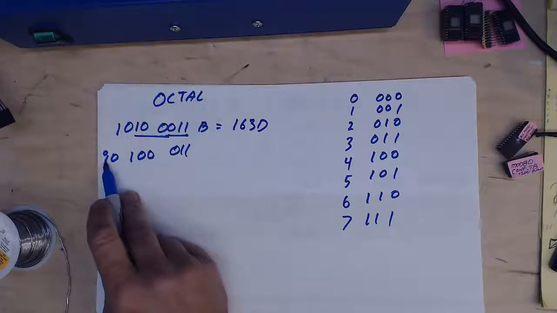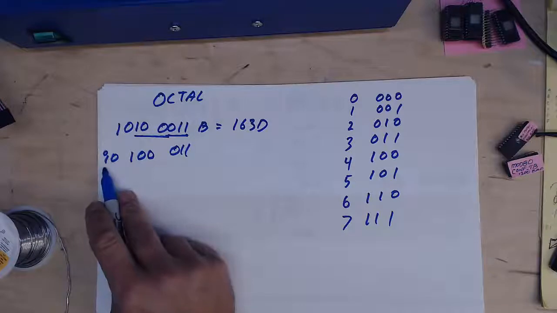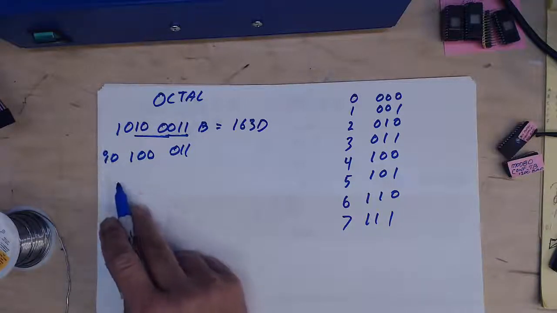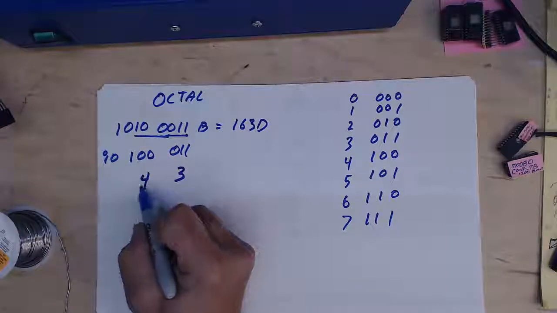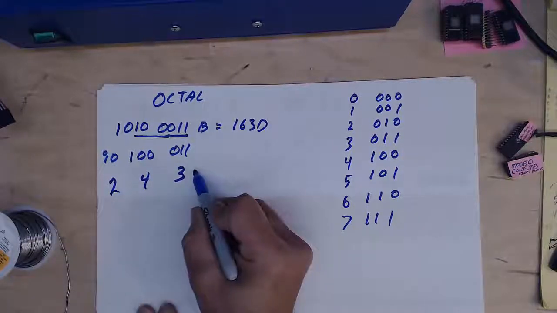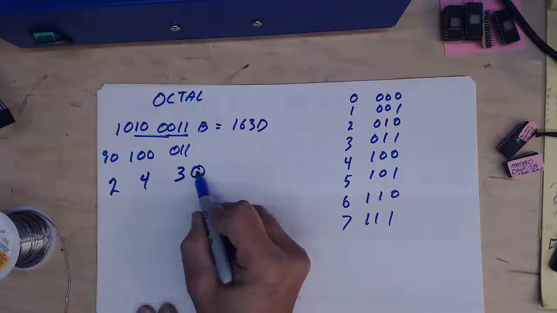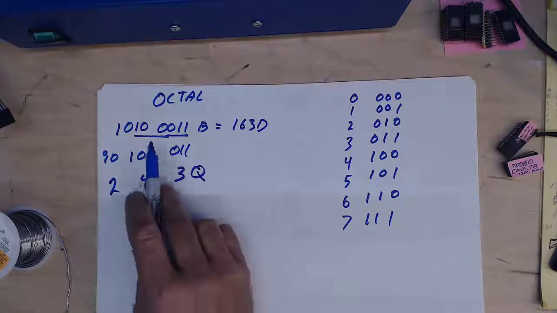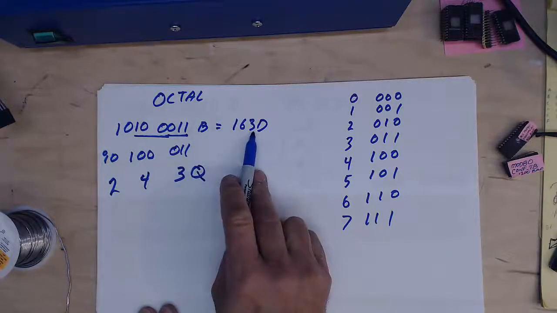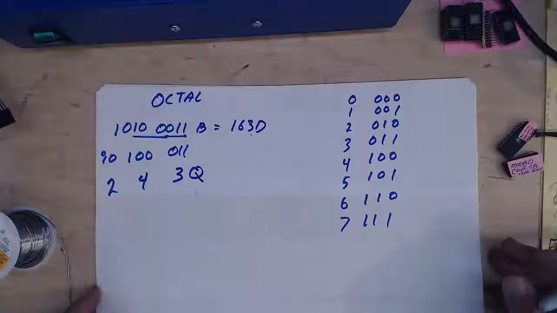So anytime we had an octal number that didn't have enough digits in the front, you simply preloaded those with zeros. So in octal, this is going to be 3, 4, 2, and with octal we would end that with an O, or I like to use a Q because I get my O's and my zeros mixed up. So this binary value, which is 163 decimal, is also 243 in octal.